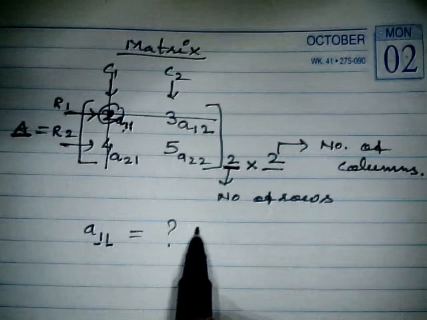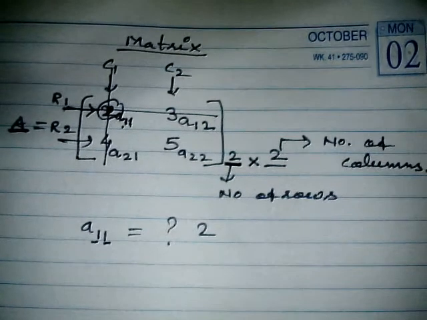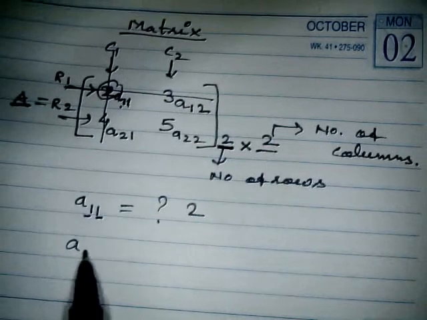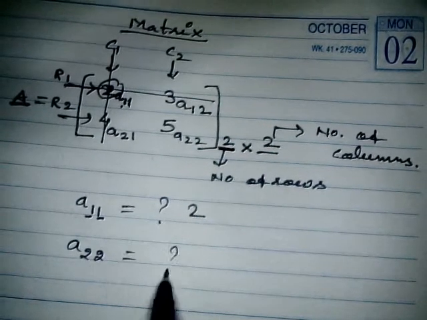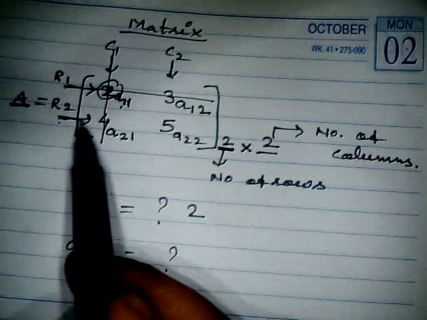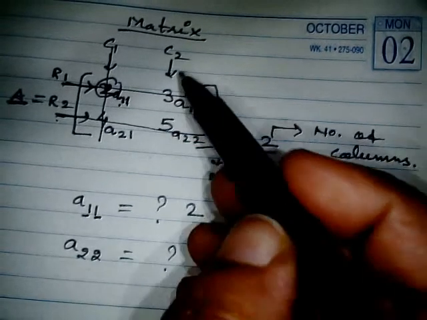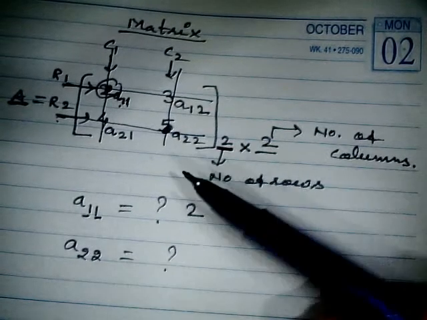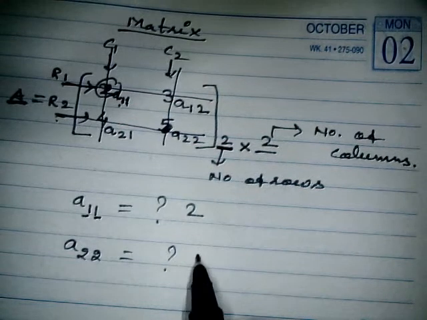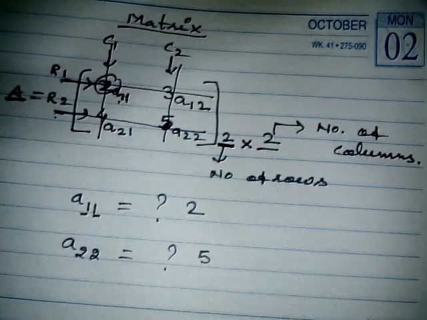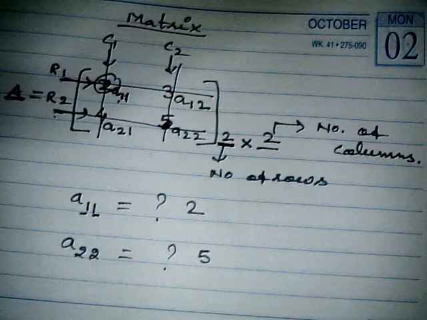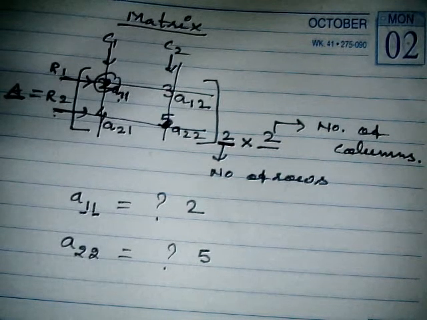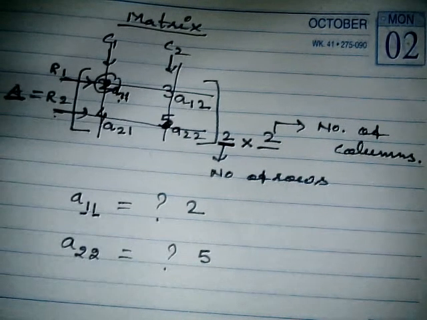Now if I say find out A22, we need to go along second row and second column. Where the lines intersect, that value is 5. So the internal elements are always represented by small letters, and the whole matrix is represented by a capital letter.